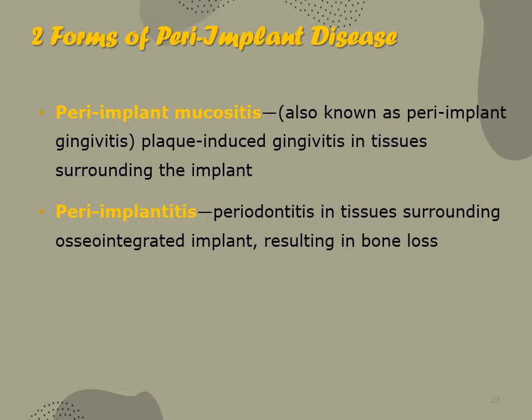Peri-implant disease has first peri-implant mucositis, or if you just think of this as like the mucous membrane itis, also known as peri-implant gingivitis, which is plaque-induced gingivitis in the tissue surrounding the implant. Then peri-implantitis, which is periodontitis in tissues surrounding an osseointegrated implant, which will result in bone loss.